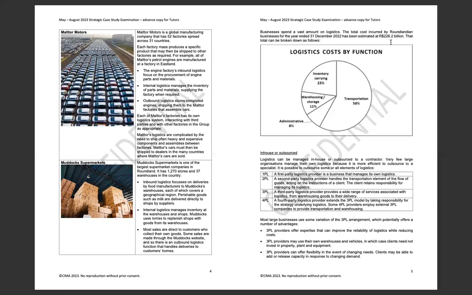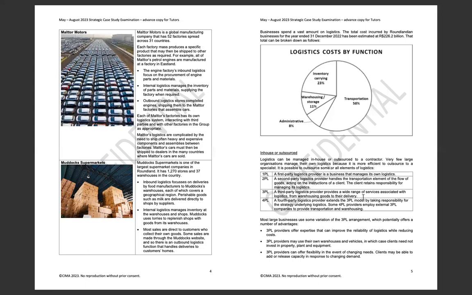Right? Now, there are layers here, and we fall within the 3PL. A third-party logistics provider provides a wide range of services associated with logistics, from warehousing goods to their delivery.